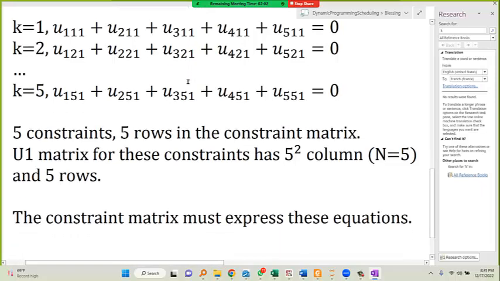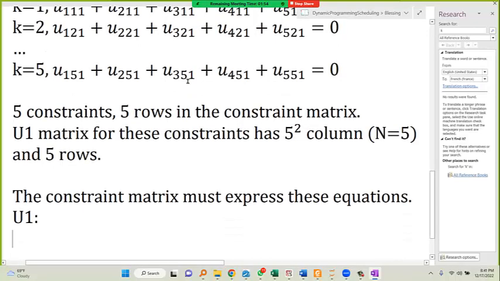So what do we have for U1 then? In the U1 matrix, each column corresponds to a different variable.